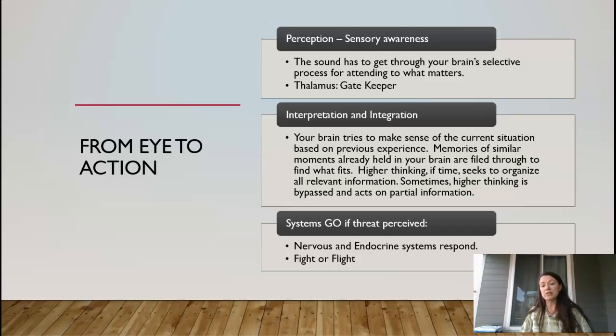Something in your brain that might cause you concern in that moment might be filed through to see what fits the moment. And if there's time, your higher thinking might come online, your thinky thoughts, very technical, and say, okay, does this make sense?